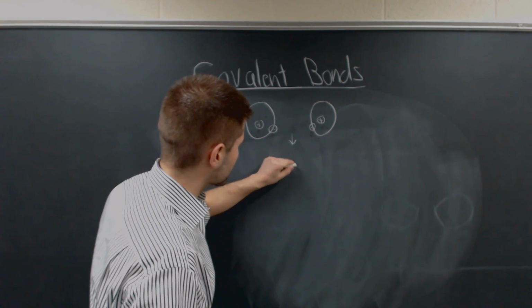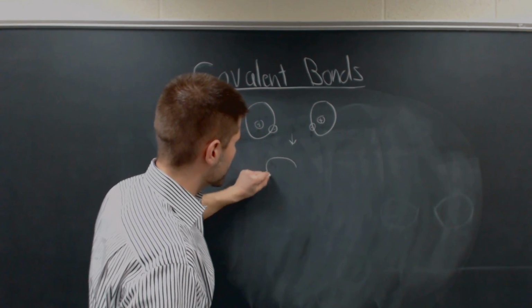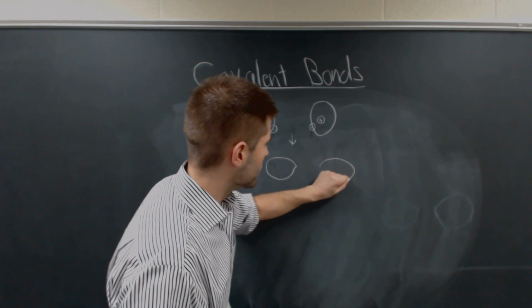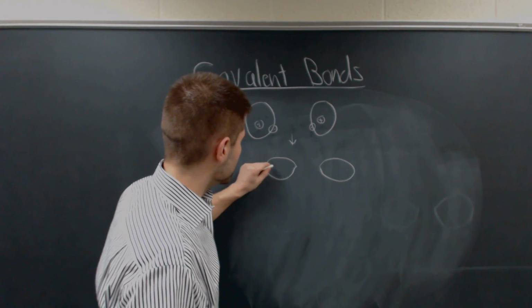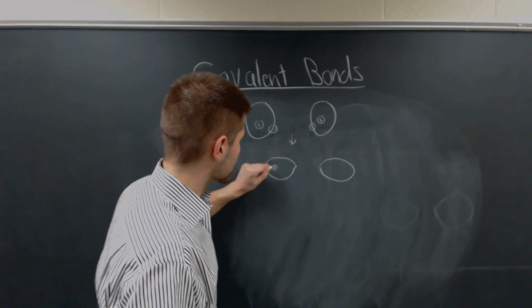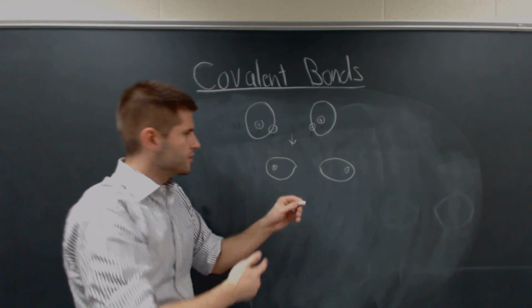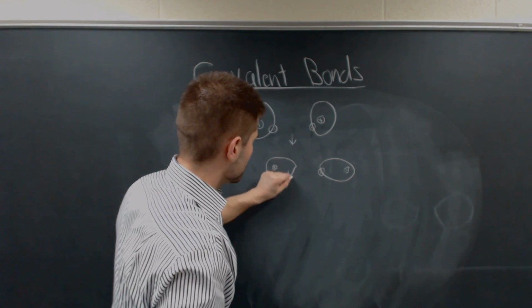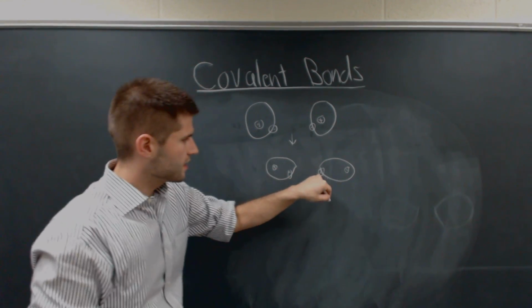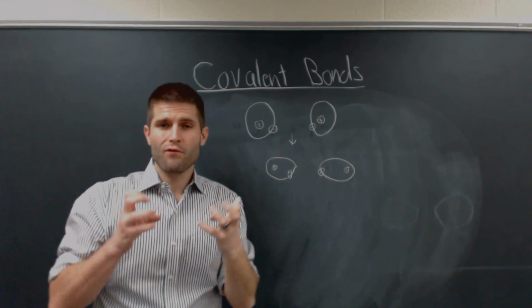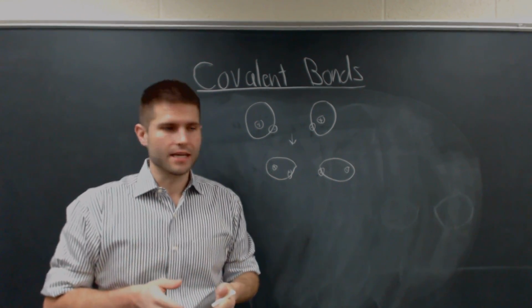So what we end up getting is, I'm a horrible drawer, so bear with me, something that's a little more oblong. We have the protons over here, but now the electrons are being drawn to the other proton. So this electron is being drawn to this proton, this electron is being drawn to this proton, and that actually deforms the shape of the electron density.